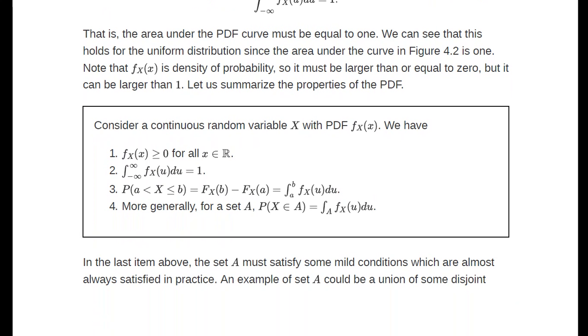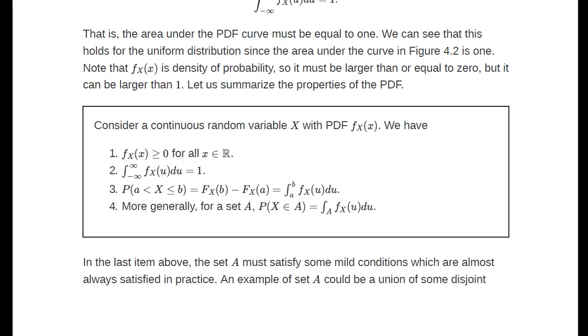Number 3, the probability of X between a and b is equal to F_X(b) minus F_X(a), which is equal to the integral from a to b of f_X(u) du. Number 4, more generally, for a set A, the probability of X in A is equal to the integral over A of f_X(u) du. In the last item above, the set A must satisfy some mild conditions which are almost always satisfied in practice.